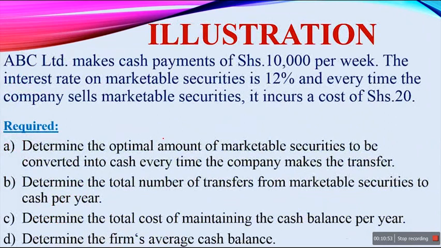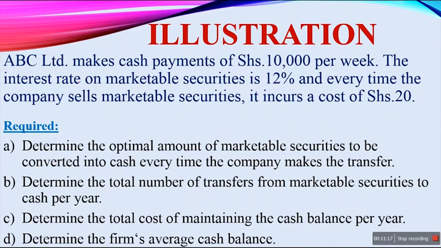After looking at the formula, maybe it will be much better if we look at an illustration that will help us understand the whole concept behind maintaining optimal cash balance using the Baumol's model. Illustration. ABC Limited makes cash payments of shillings 10,000 per week.